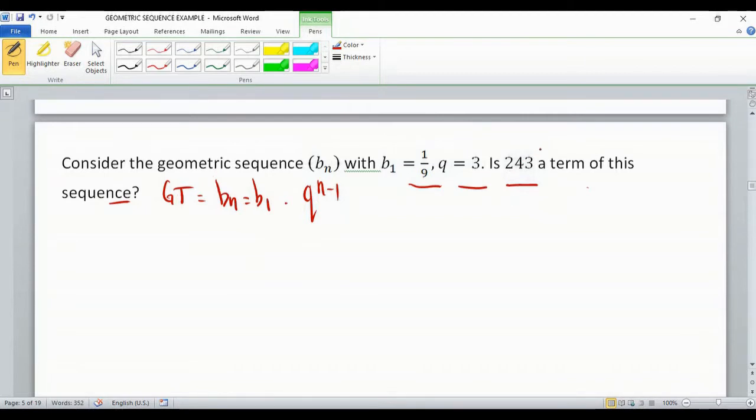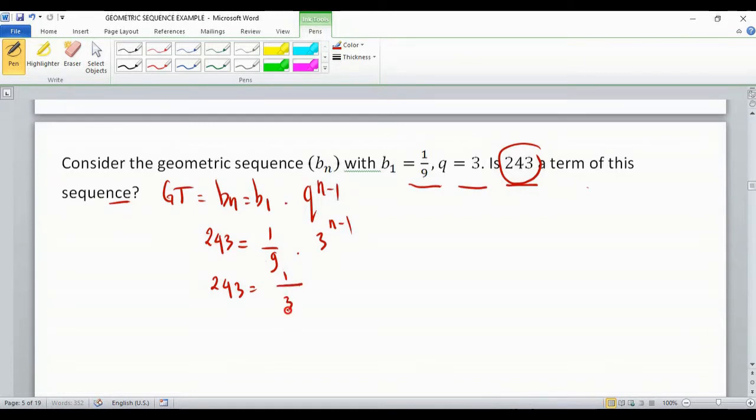We don't know which term 243 is, so let's say it is the general term Bn. So 243 is equal to the first term 1 over 9 times, because the ratio is 3, 3 power n minus 1.